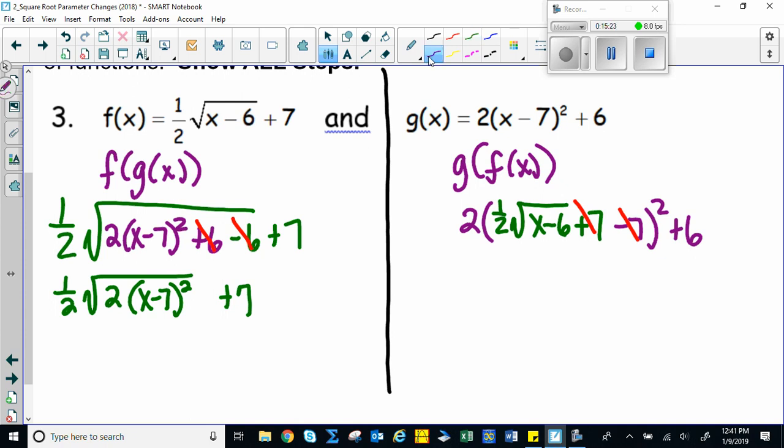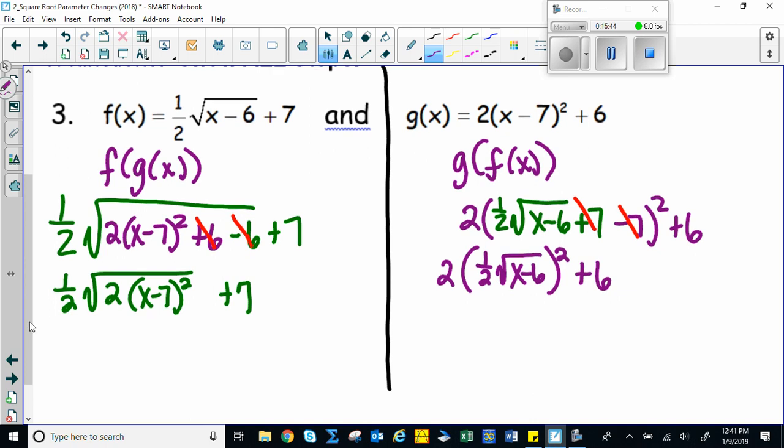On the right-hand side, I have the 2, and then I have 1/2 radical x minus 6 squared plus 6. So it kind of is looking good. However, what I'm going to do next is I've got the radical isolated.